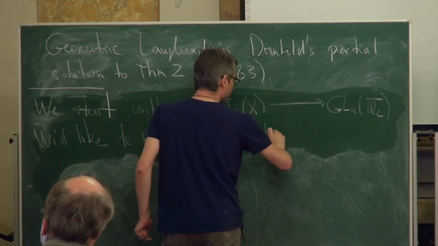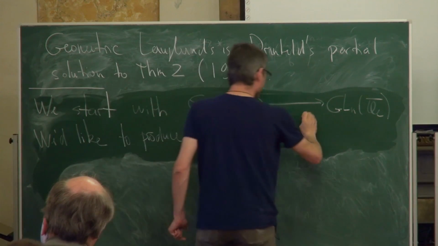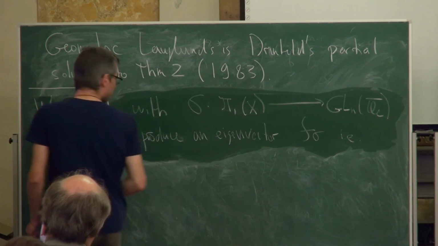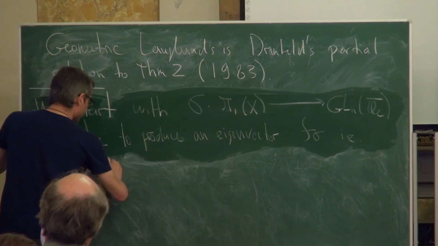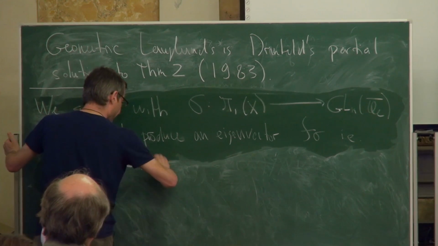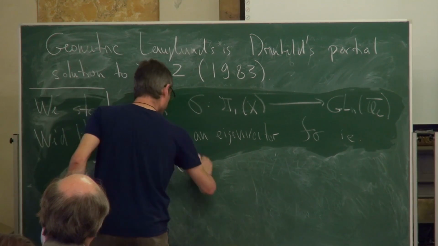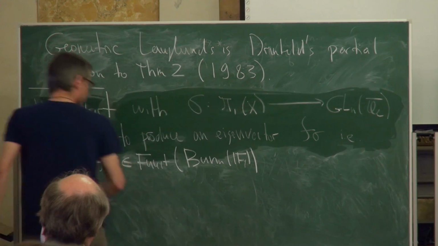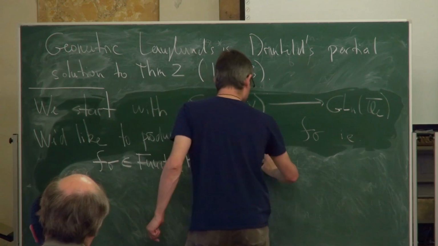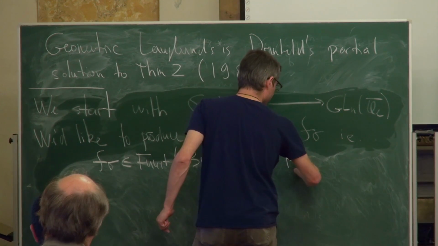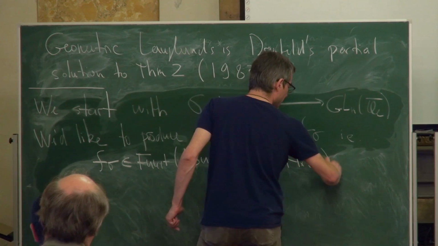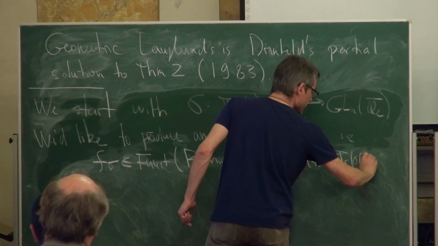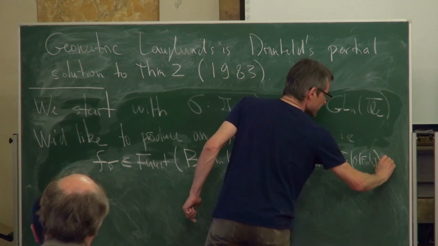An eigenvector for these Hecke operators. Let me call it F sub sigma. So, i.e., F sigma is a function such that H sigma of sigma equals trace of sigma Frobenius x times F sigma.